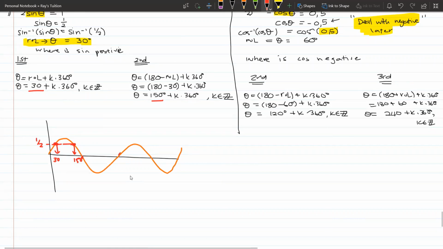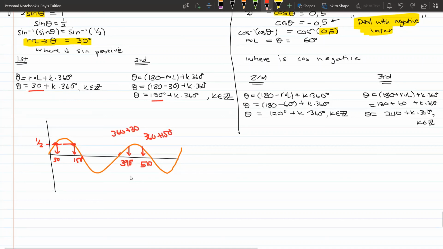But then in the next sine graph, it is a half again, and this occurs at 360 plus 30, so this is at 390, and this one occurs 360 degrees later than 150, which is 510.